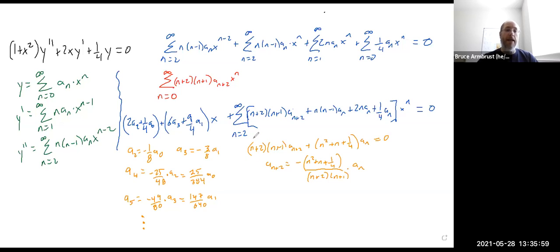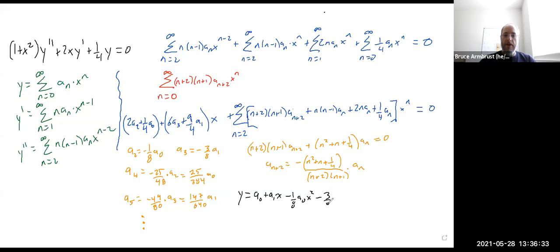But here's how this is playing out now. This is what our solution looks like. It's going to be A0. Okay, that's free choice. Plus A1 times X, because A1 is a free choice. But then we're going to get negative 1/8 A0 X squared. Our A2 is negative 1/8 A0, and A2 goes with X squared.